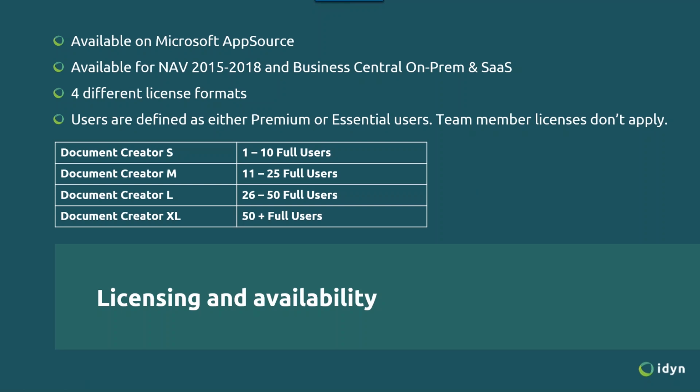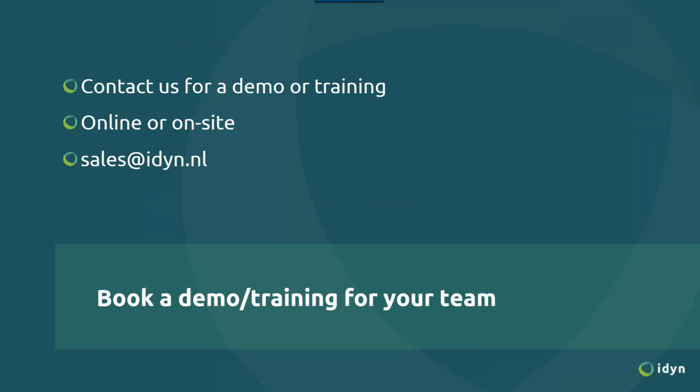Should you have any questions, again, please contact sales@ident.nl, especially when it is regarding maybe special demos for your team or trainings for that matter. We do online and on-site trainings. We offer that. For availability and pricing, you can also contact the sales box.